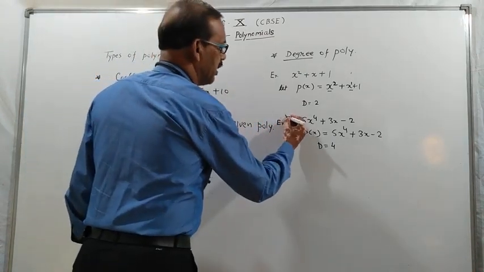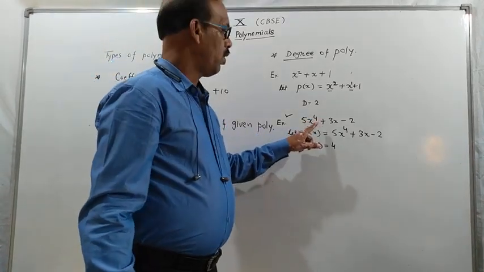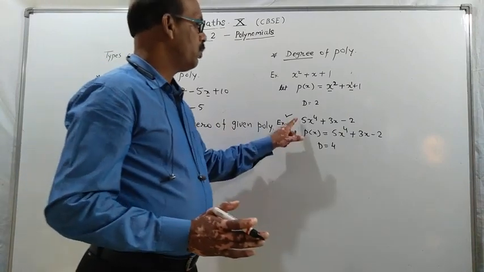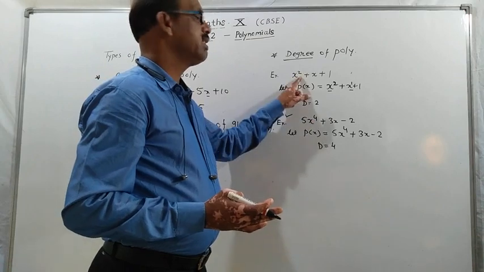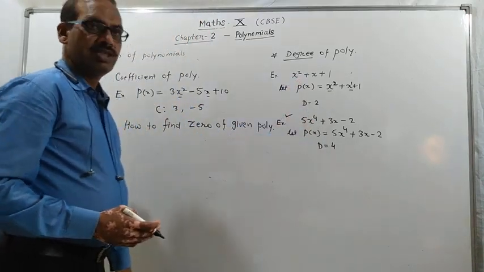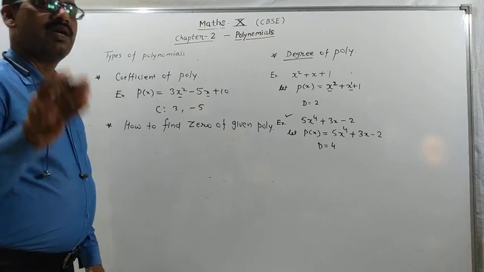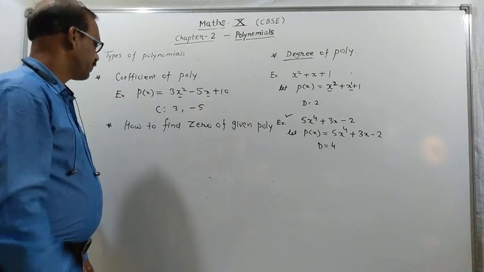If it is this example, the degree of this polynomial is 4, so the number of zeros for this polynomial is 4. So the degree of any polynomial decides the number of zeros. If the degree is 2, the number of zeros is 2. If the degree is 3, the number of zeros is 3, and so on.